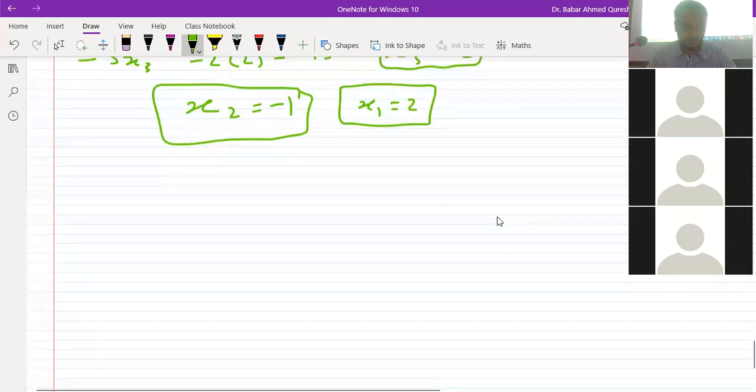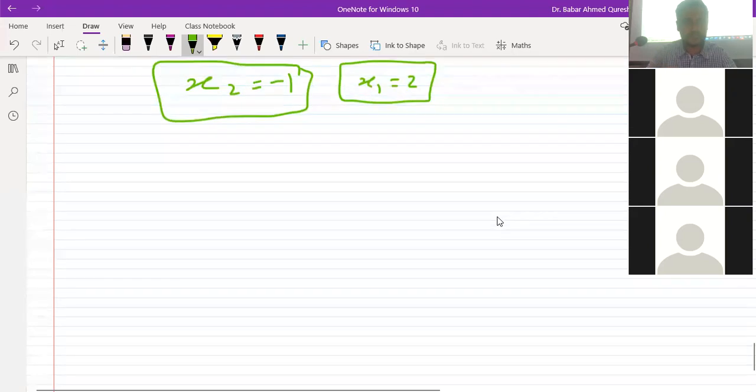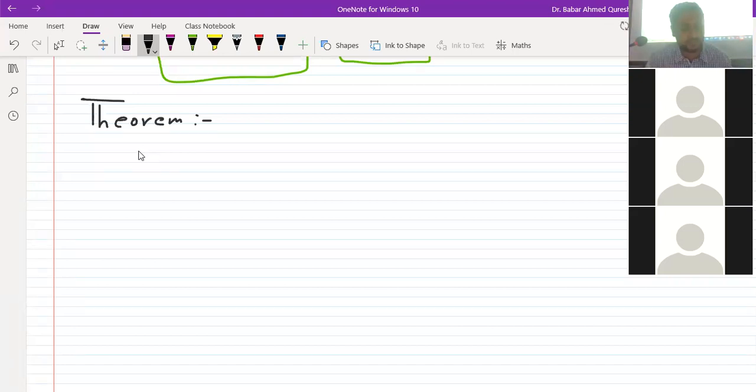Now this procedure should have convinced you of this little theorem. So what does this theorem say? It's not a very useful theorem in the sense that it doesn't give you an algorithm, but it tells you a condition. If an n by n system can be reduced to a strictly triangular form, reduced in what way? Using the allowed operations.